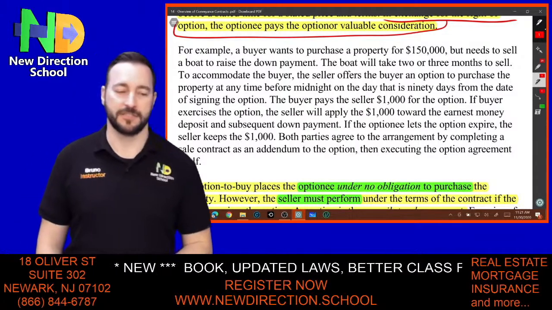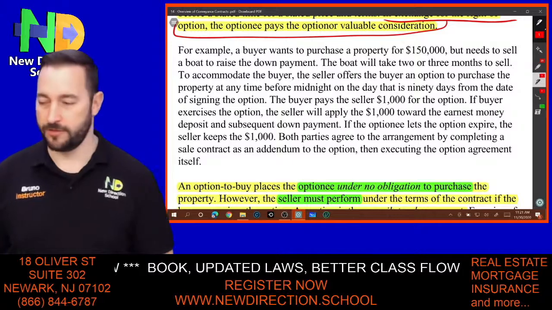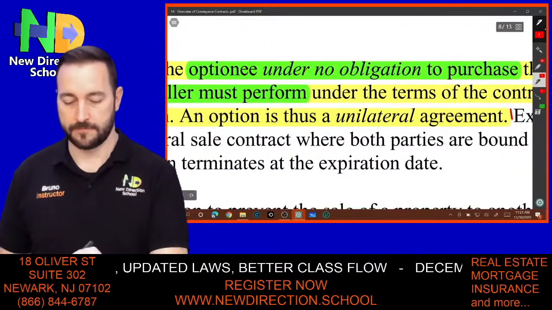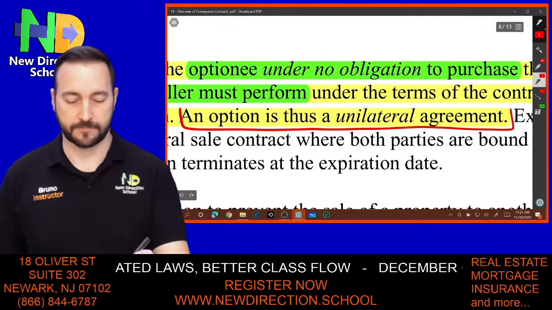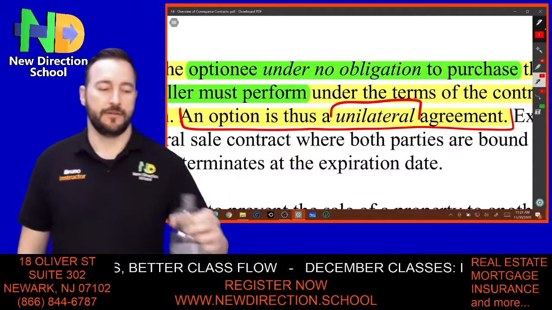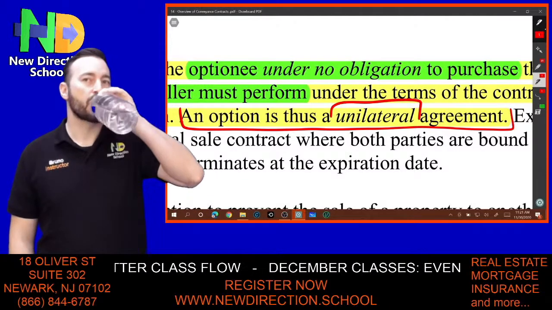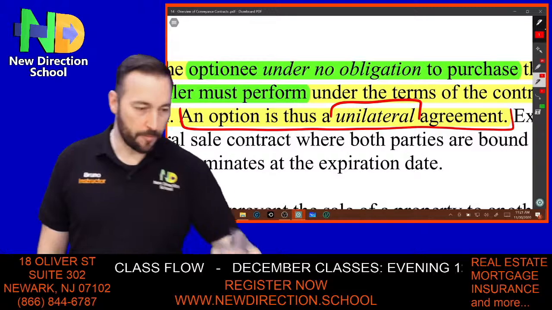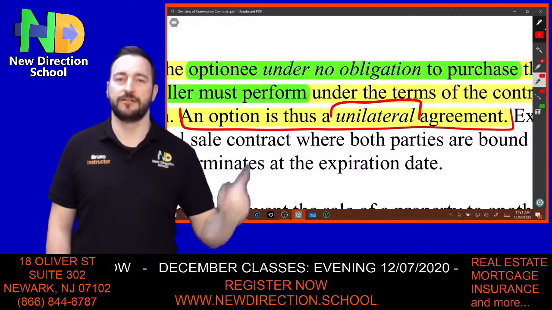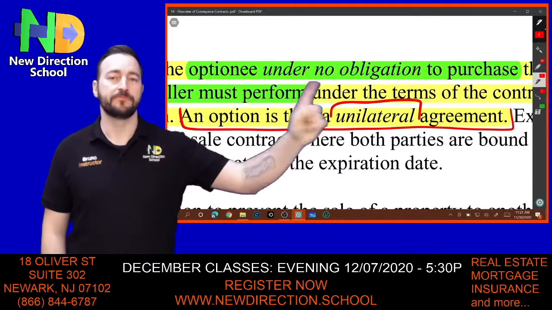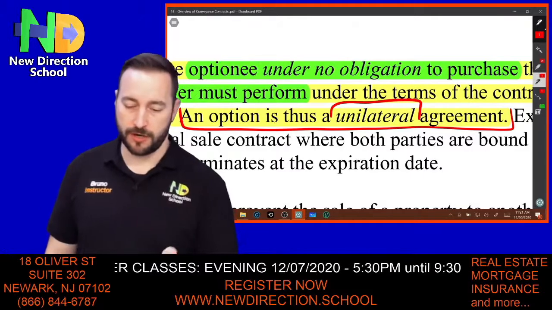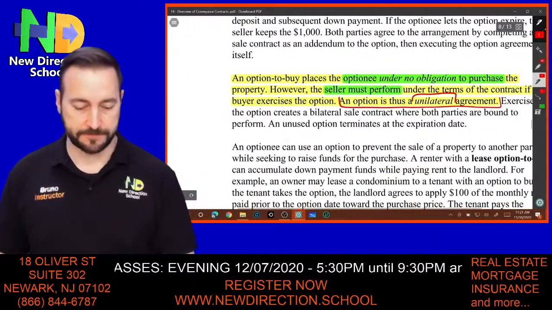Is it bilateral or unilateral? Unilateral. Great. Perfect. The seller has to sell, but the buyer, the optionee, is under no obligation to purchase. Again, just like a car lease, no obligation to purchase.